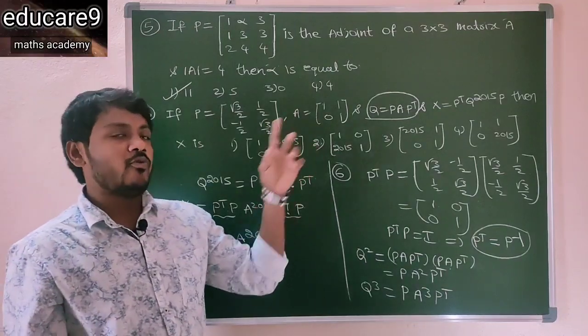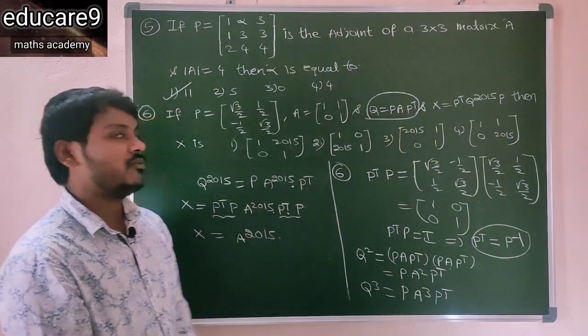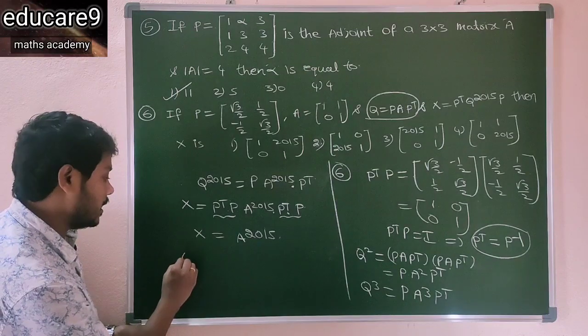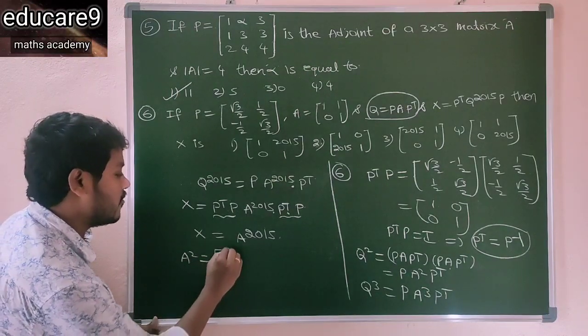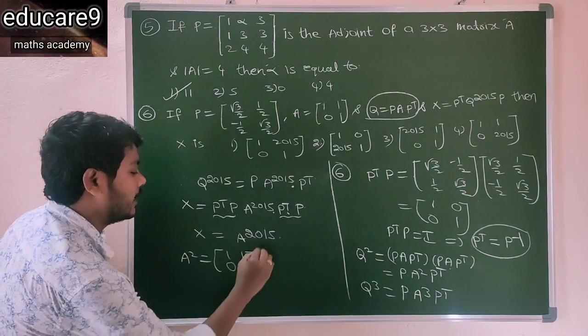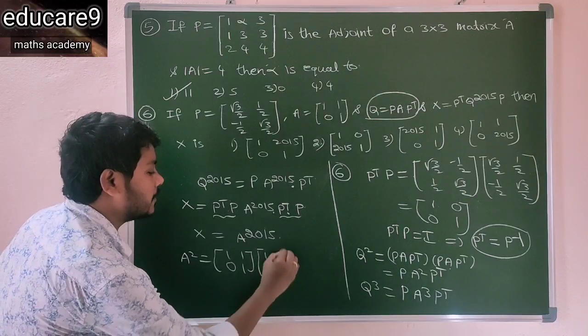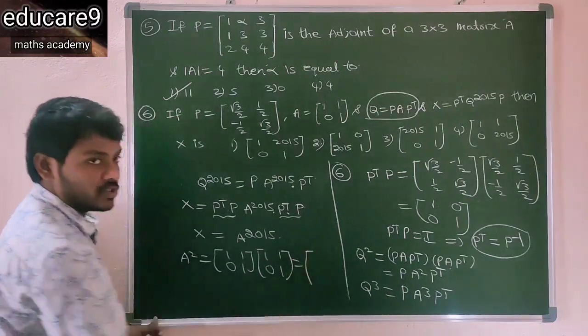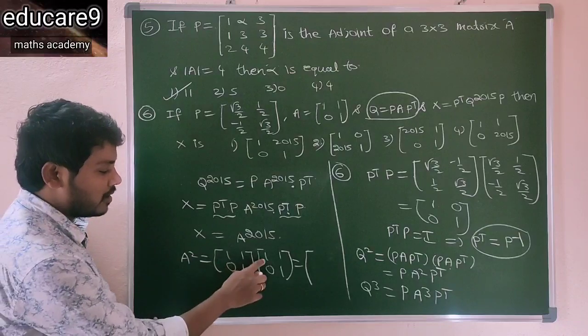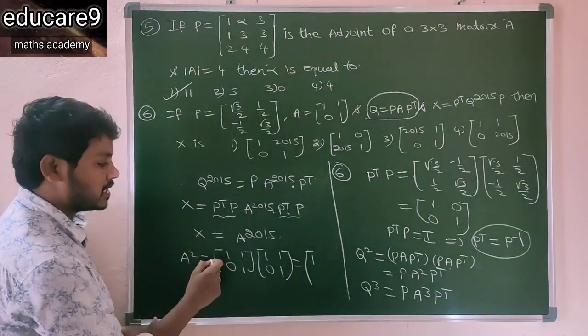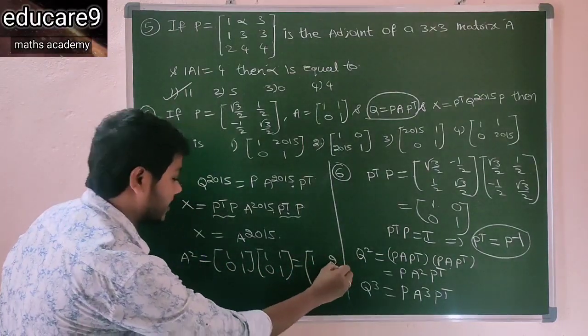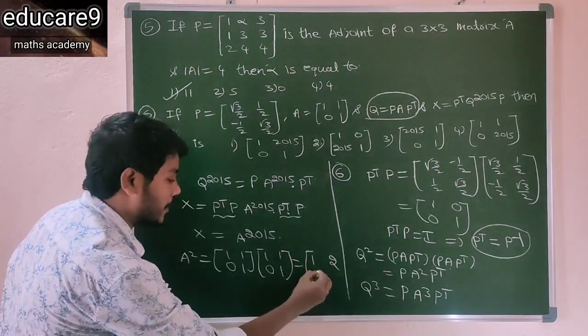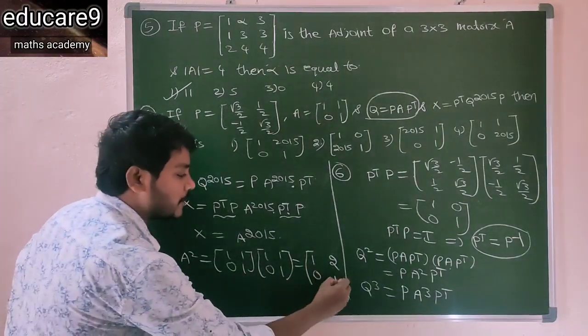So A is given, find A power 2015 value. See here, A square is what? [1, 1; 0, 1] into [1, 1; 0, 1]. So multiplying these two matrices, what do you get? This is 1. Next, this is 2. Next, this is 0. Next, this is 1.